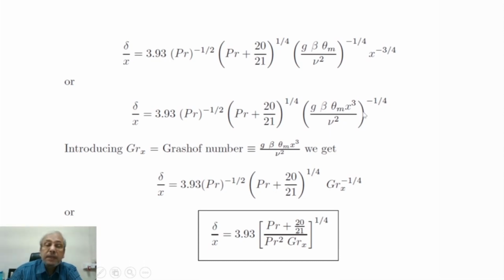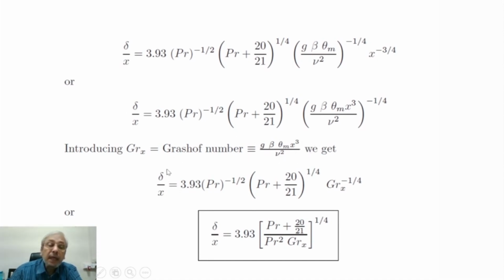Why do we do this? We get the Grashof number, which is given by g beta temperature difference theta m times length scale cube, here x cube, by nu square.